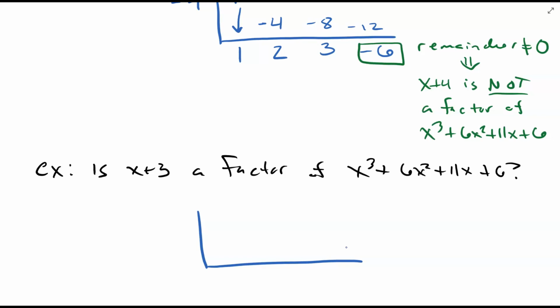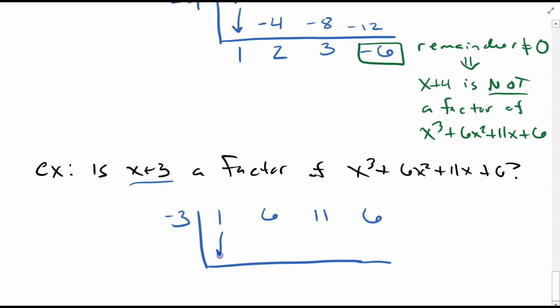Not 6, -3. And what numbers are going to go on the inside? 1, 6, 11, 6, just like before. Sierra, question? Okay.